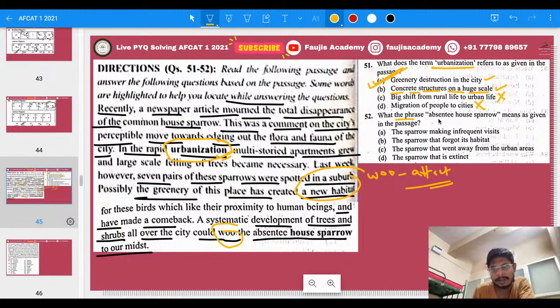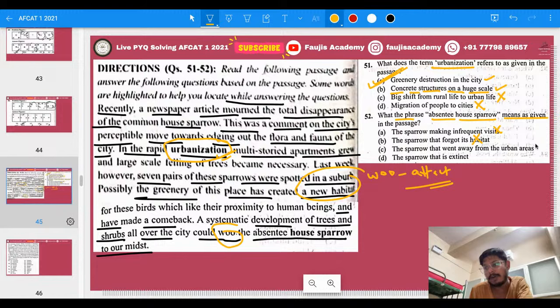What does the phrase absentee house sparrow mean as given? Question 52. What could be the answer? The sparrows are making infrequent visits? No, the sparrow doesn't forget its habitat. The sparrow that went away from urban areas.